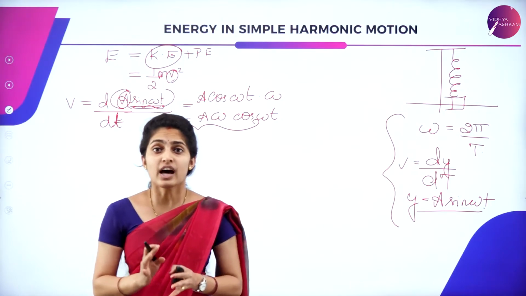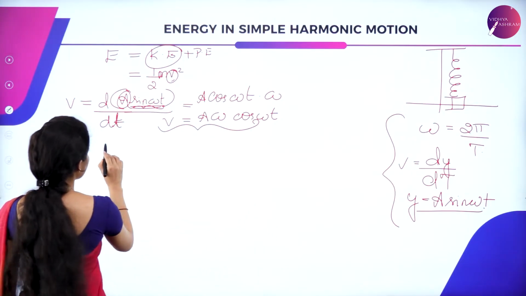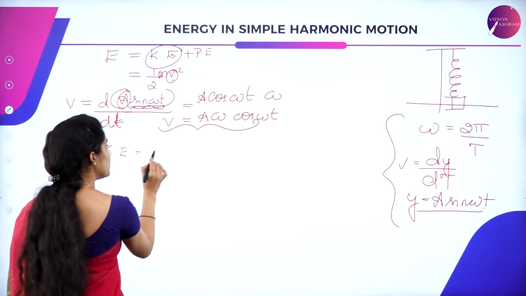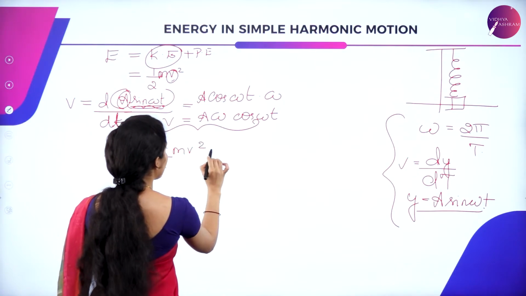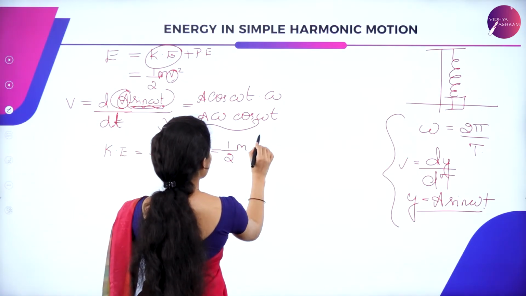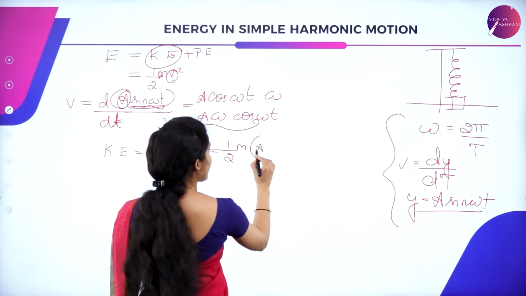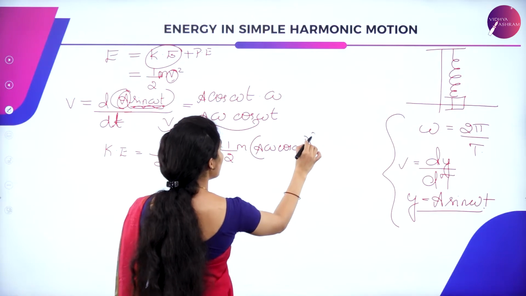Now we know that the kinetic energy is given by, kinetic energy is equal to half mv square. And here we can write half m, and what is v? It is a omega cos omega t the whole square.